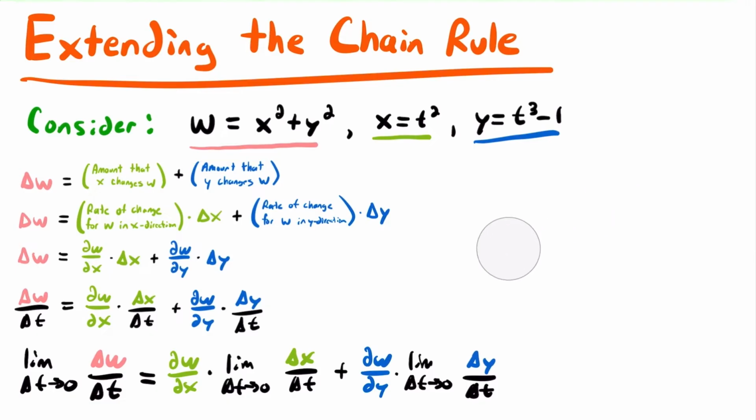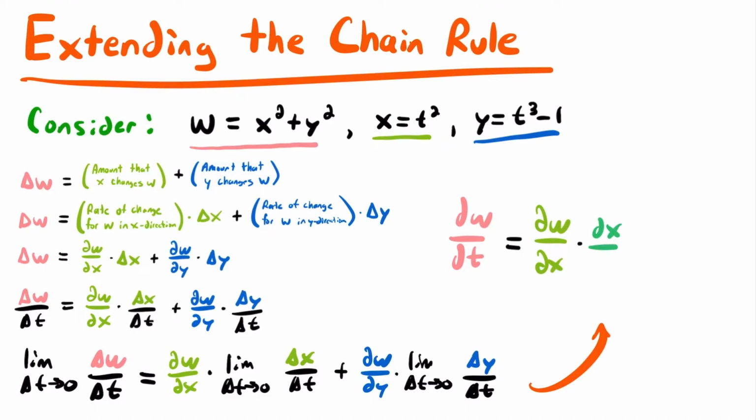Okay, and so our final equation looks like this. We find that dw dt is equal to the partial of w with respect to x multiplied by the derivative of x with respect to t, and that is a regular derivative, not a partial derivative. So use the regular d's there, and then that is added to the partial derivative of w with respect to y multiplied by the regular derivative of y with respect to t.